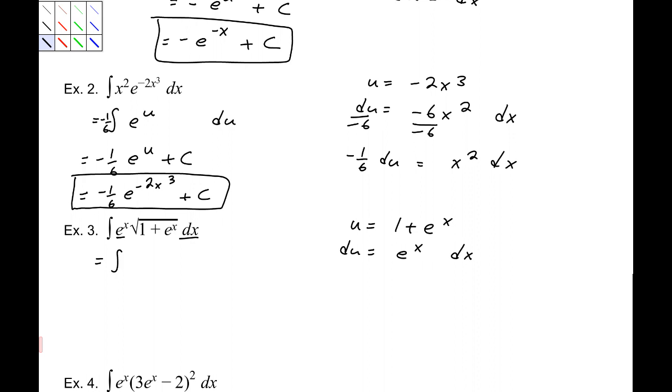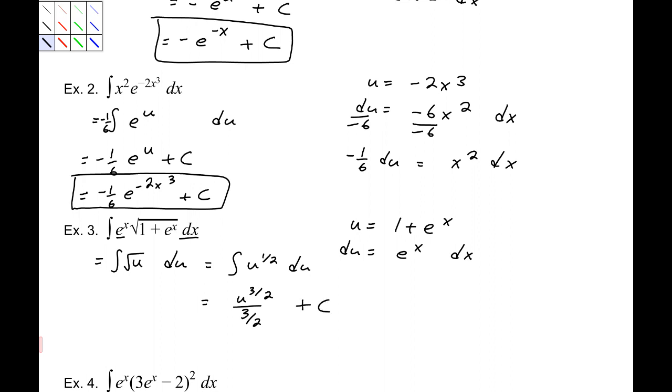So this is the integral of the square root of u du. Now I am going to rewrite this as u to the 1/2, because then I can use my power rule. So that would be u to the 3/2 divided by 3/2 plus c.